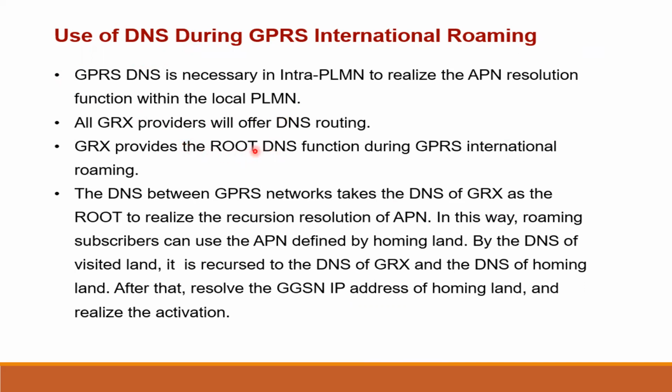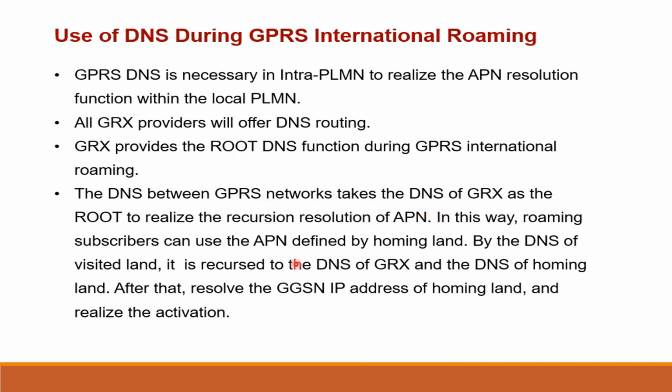This root DNS is connected with your home DNS, your GPRS DNS, and that is how your resolution of APN works. The DNS between GPRS networks takes the DNS of the GRX as a route to realize the request and resolution of APN. Your APN is sent by your GPRS DNS to your GRX DNS, and by recursive resolution, this APN is resolved into the specific GGSN IP address.